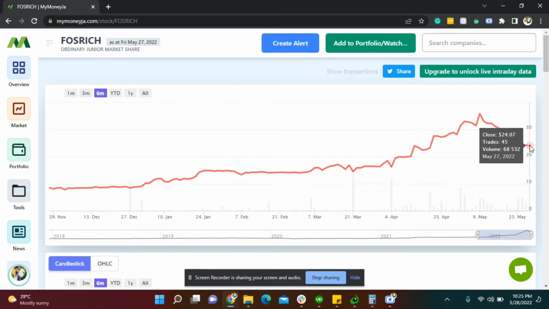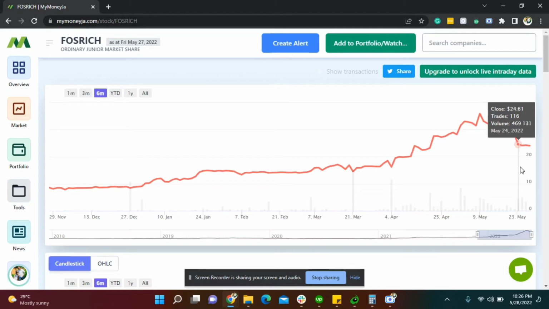So if you have 1,000 shares right now, and you bought it at $24, when they have a stock split coming up soon, say 20 to 1, that 1,000 shares is going to turn into 20,000 shares, right? And this $24 is going to be divided 20 times as well. So you'll have more shares, but the shares will actually be valued at a lower cost.